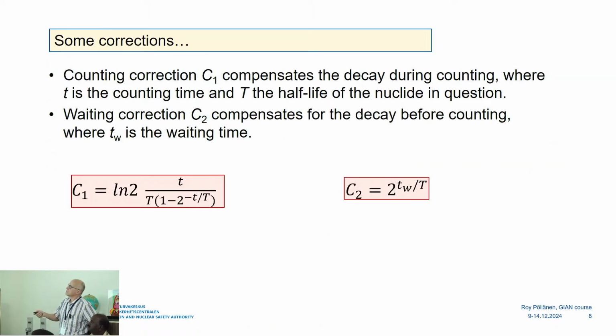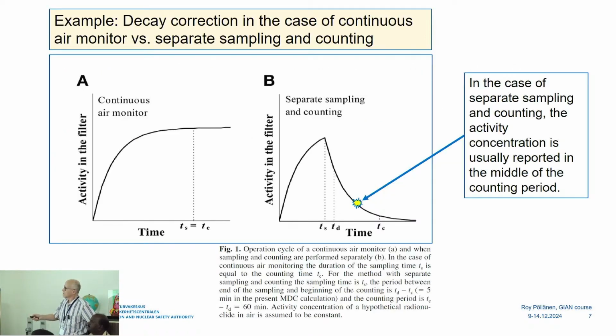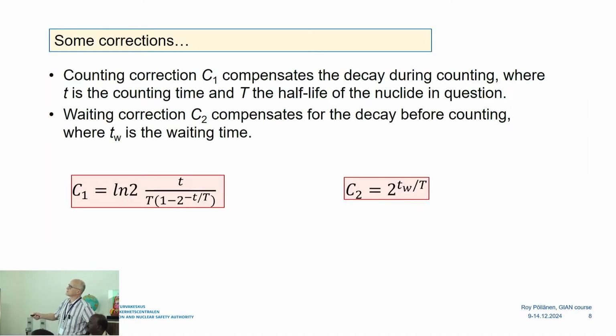Because of this behavior, we have to correct for decay. So the counting correction C1, which is this one, compensates for the decay during counting, where TC is the counting time here, and T½ is the half-life of the nuclide in question.